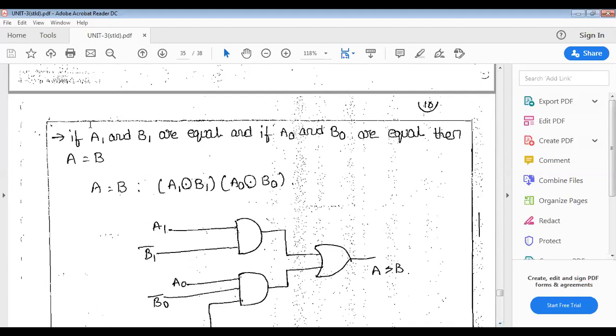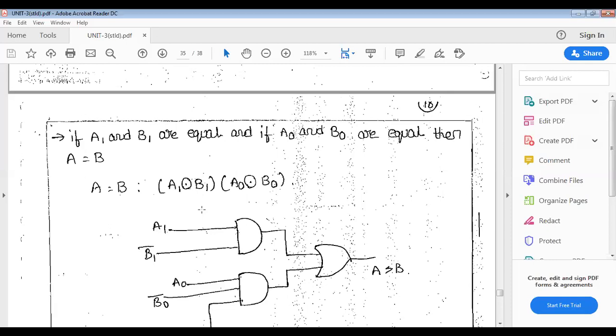Here also we compare A1 and B1 first of all. If those two are equal, and if A0 and B0 are equal, then A equals B. So the equality condition is the exclusive NOR operation, A1 exclusive NOR B1 and A0 exclusive NOR B0. We are not taking the OR condition here.